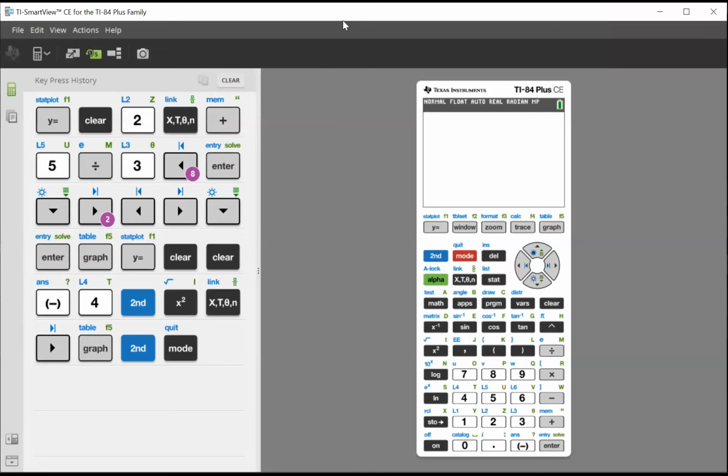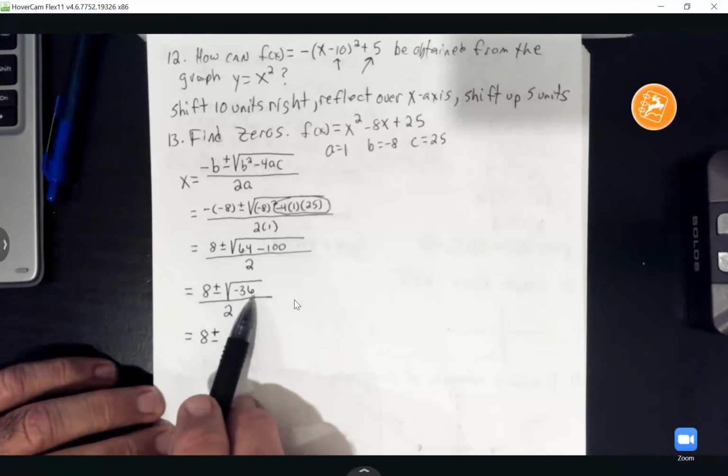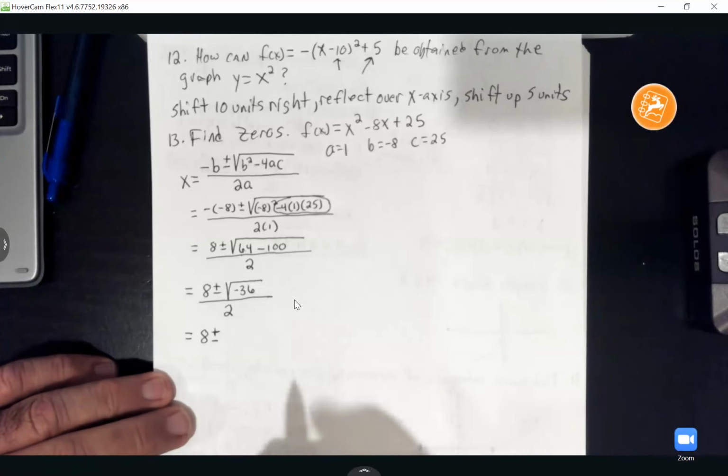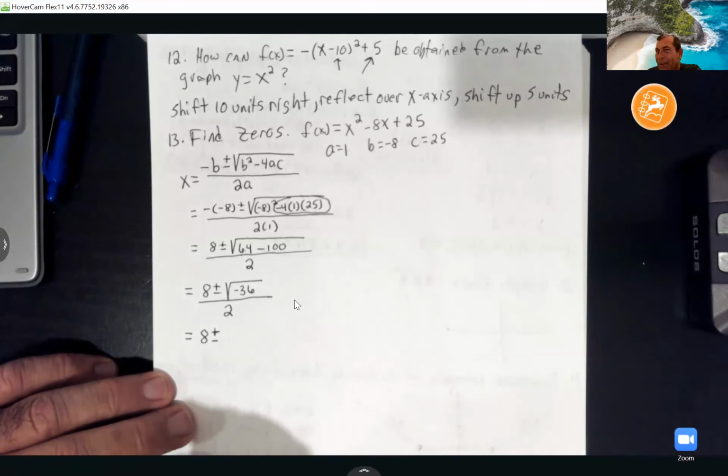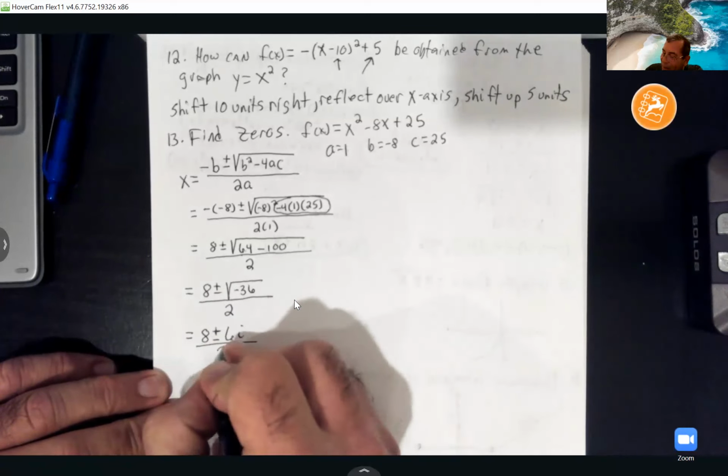So the negative will give me an i on this one, okay? But what's the square root of 36? 6i, right? All over that 2.